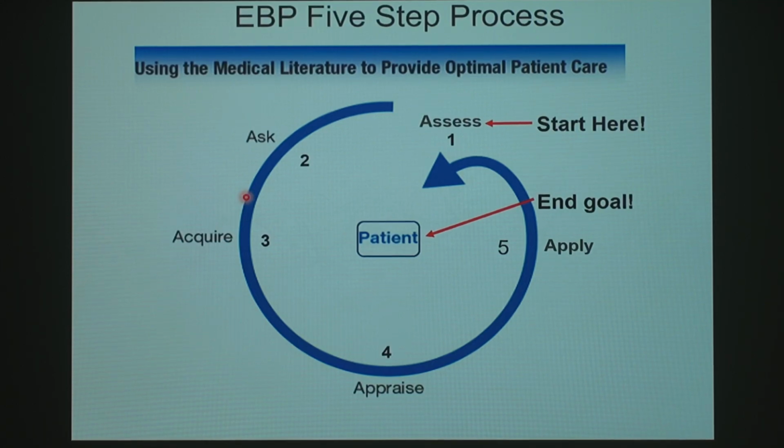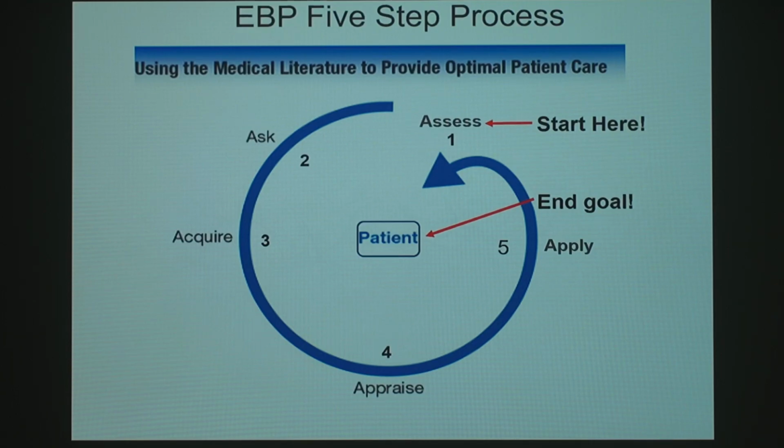Then you will do your literature review search in all the databases and acquire all of the studies that are related to your question. You will assess that data based on a number of variables that we're going to discuss later on in this course.